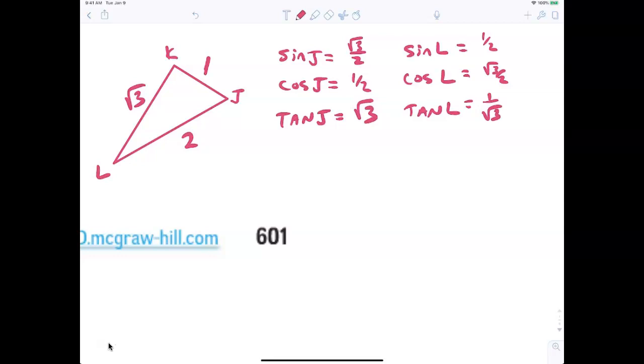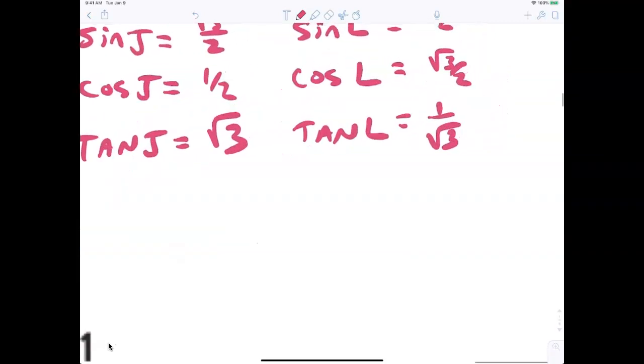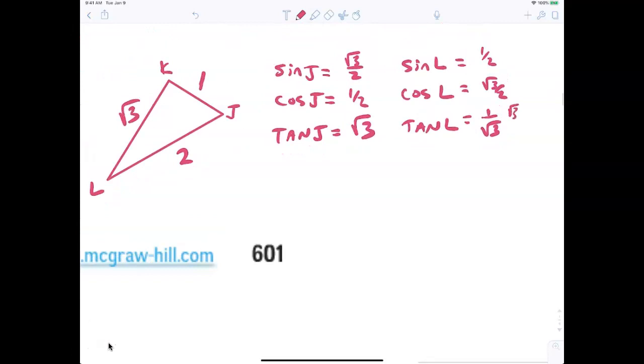But you're not allowed to have radicals in the denominator. So this is reviewing radicals. This is a good review of radicals. No radicals in the denominator. So you have to multiply the top and bottom by the square root of 3. So you're going to multiply by square root of 3, square root of 3. That's why it's square root of 3 over 3. All right.